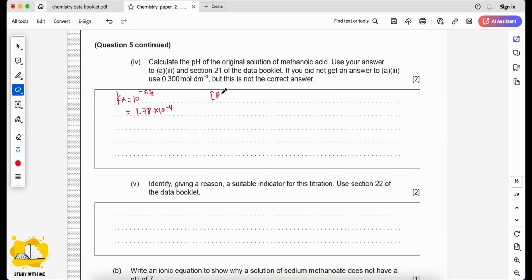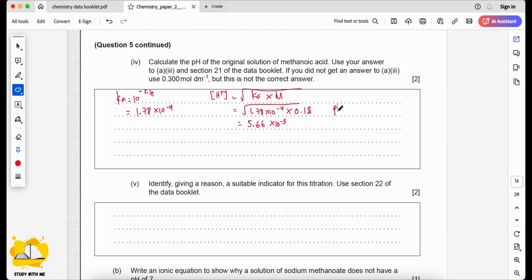So H+ is the square root of Ka times molarity. So 1.78 times 10 to the power negative 4 times 0.18. You will get 5.66 times 10 to the power negative 3 for the concentration of H+.